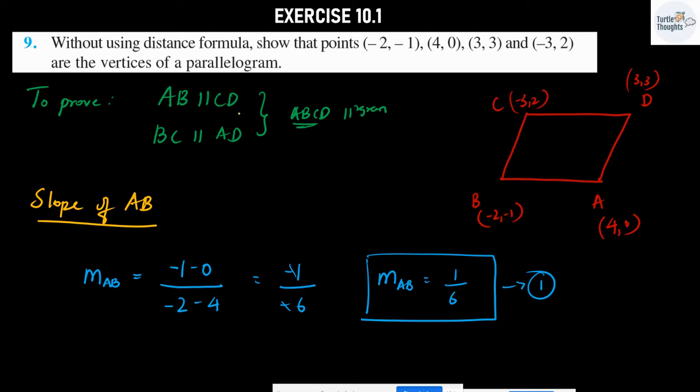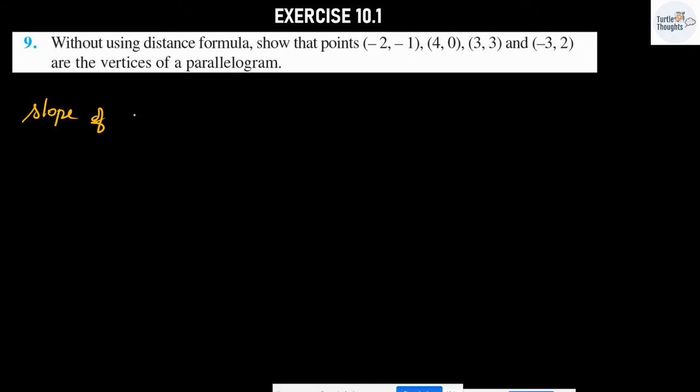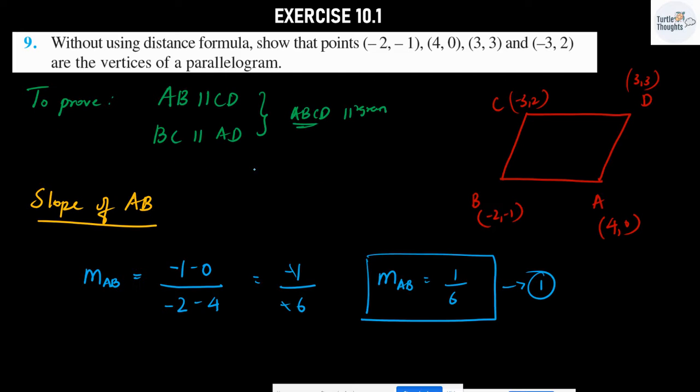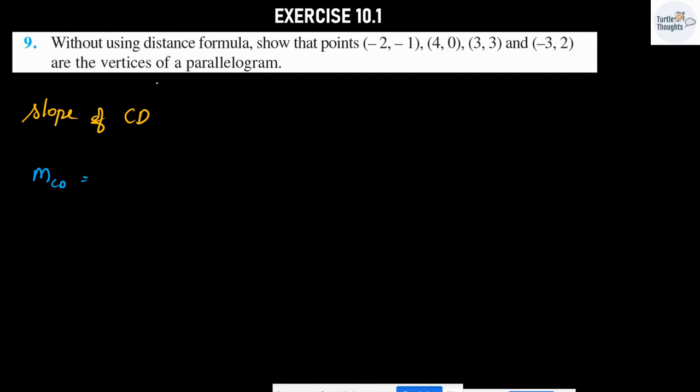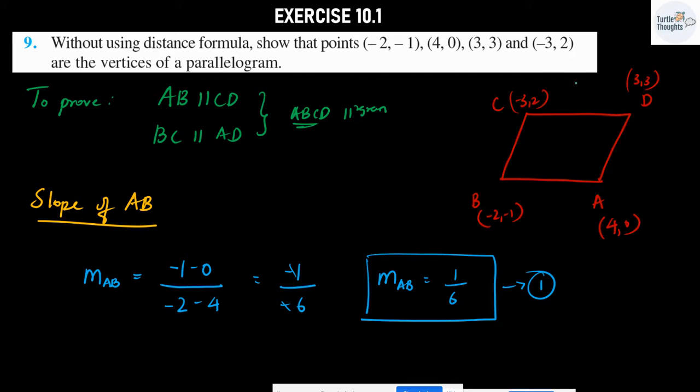Next, I can take the slope of AB should be parallel to CD, right? Slope of CD, if I take the slope of CD, so I will be writing MCD is going to be equal to, so I'll be taking these two lines, okay, CD, right?